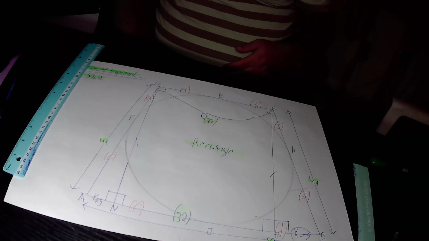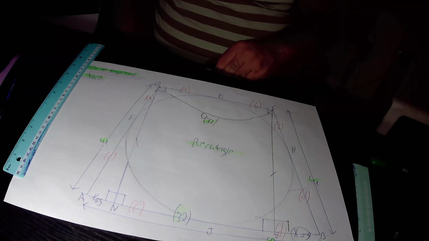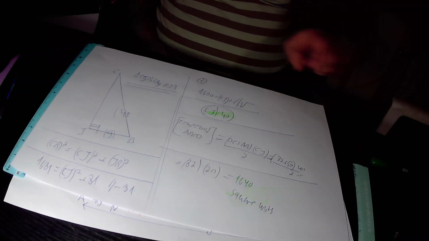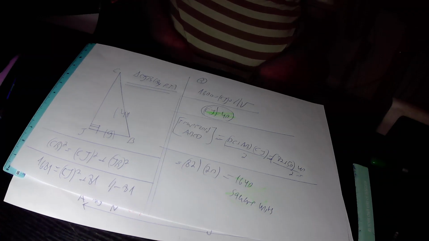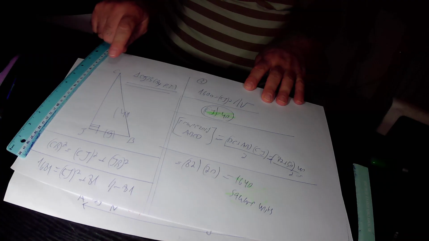In the next step, I copied the right triangle CJB onto a new page and applied the Pythagorean theorem to this right triangle CJB. CB squared equals CJ squared plus JB squared.